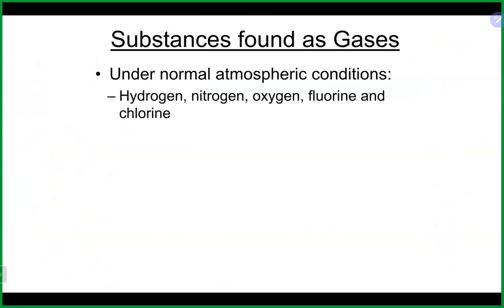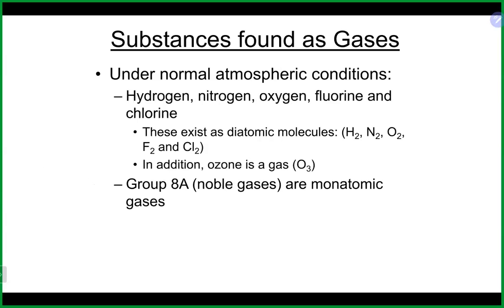All right. Now, substances that normally are found as gases under normal conditions: we have our diatomic molecules like hydrogen, nitrogen, oxygen, fluorine, and chlorine. Ozone, which is O3, is a gas. And then obviously our noble gases, which are monoatomic, which means they come as ones.